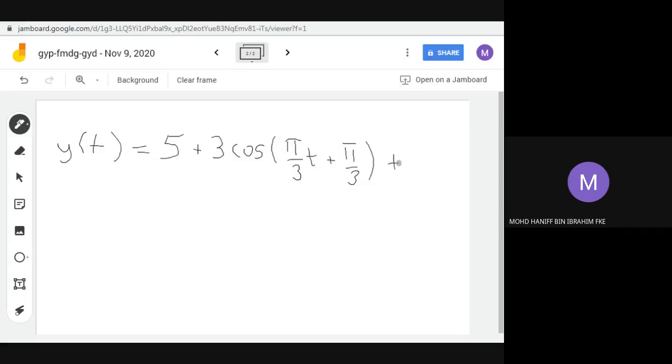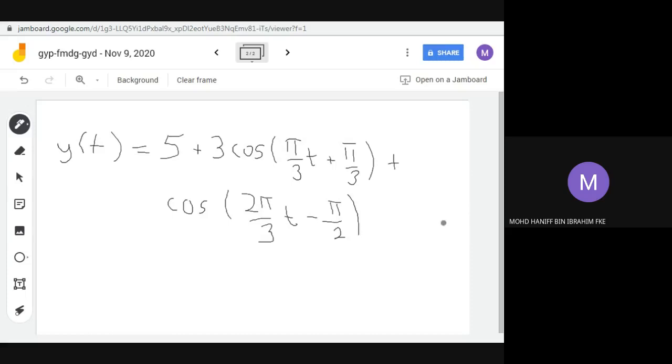Plus there is a 2 pi over 3 frequency component, so we have a cosine because the amplitude is 1, so that is cos(2 pi over 3 t), and the phase is negative pi over 2 for this component. So that should be the equation for the trigonometric Fourier series, which is part 2.